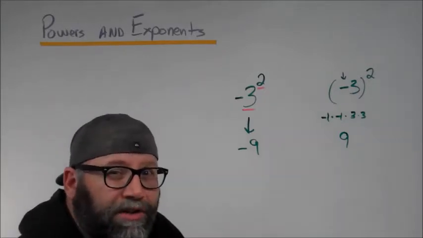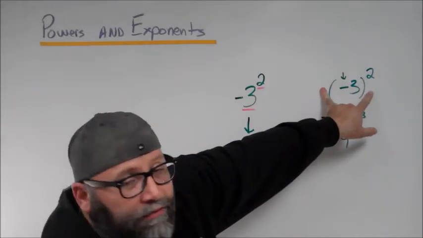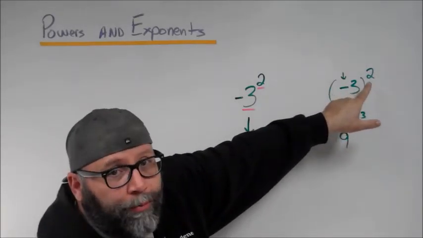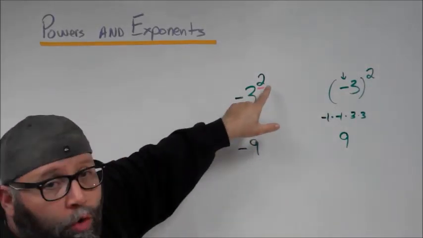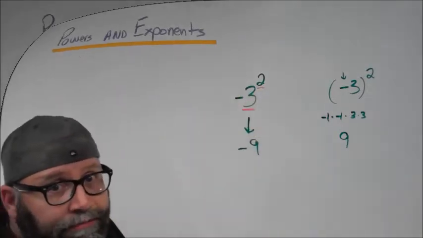That's a little bit more technical than you probably need, but just remember the key to this is if the grouping is here, the exponent applies entirely to the grouping. If there's no grouping, then the exponent only applies to the base. It does not apply to the sign.